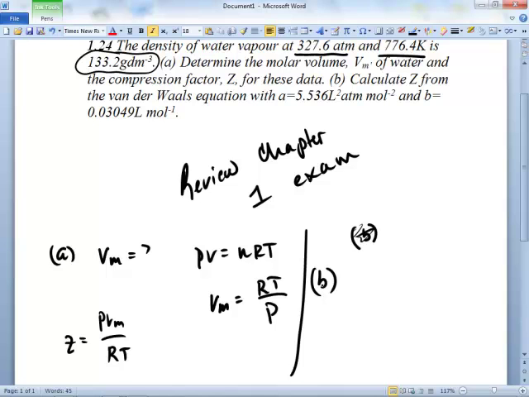So what we're really doing here, I guess, calculating Z, so that's this one. I can write it over here. Okay. Calculate that van der Waals pressure. Right. Okay.